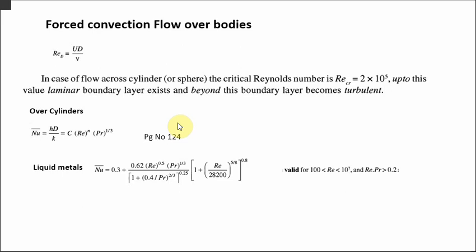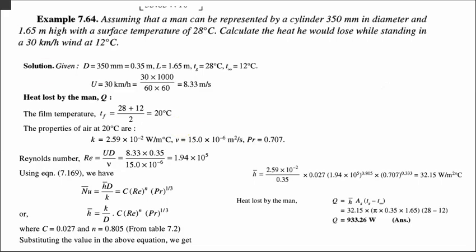Now we will move to problems. The first problem is: assuming that a man can be represented by a cylinder 350 mm in diameter and 1.65 meter height with a surface temperature of 28 degrees Celsius, calculate the heat he would lose while standing in a 30 km per hour wind at 12 degrees Celsius.